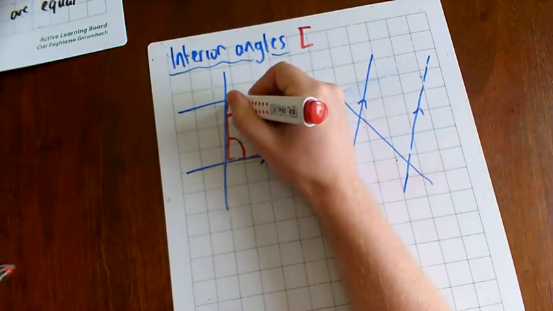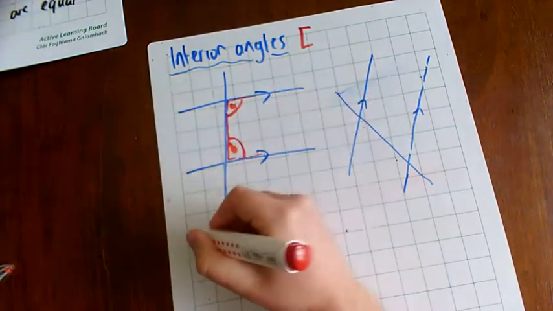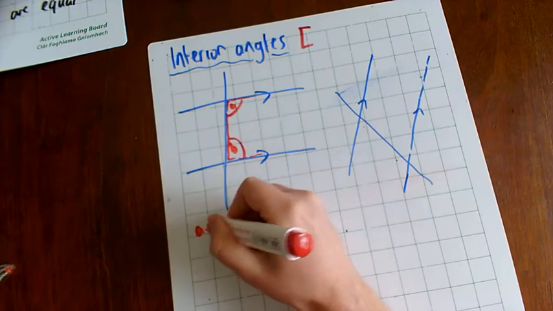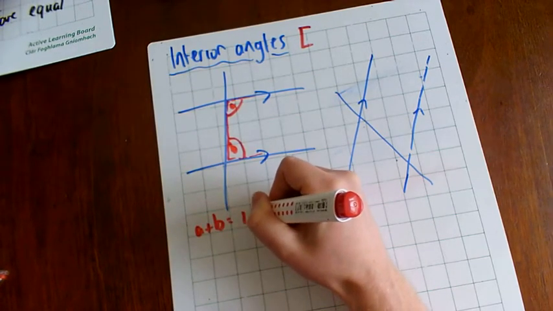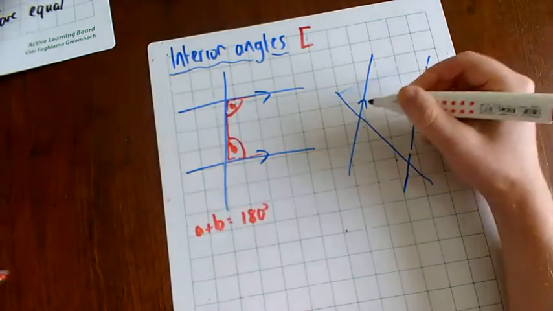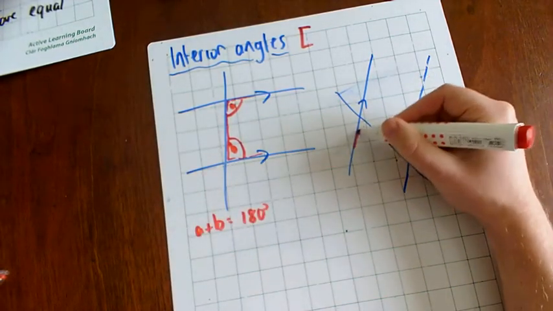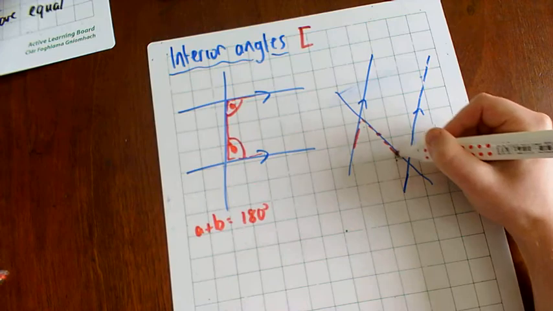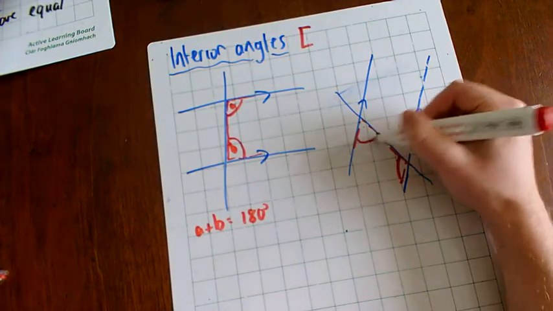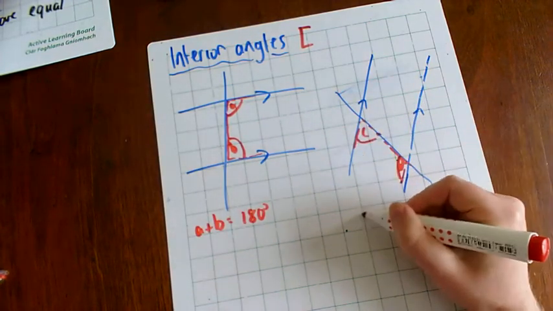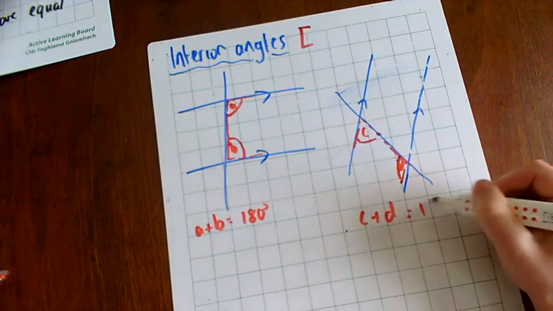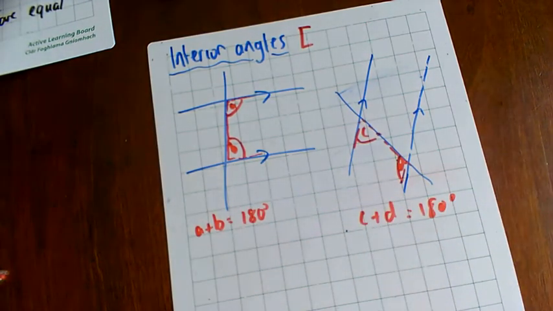We'll call this one A and this one B. A plus B equals 180 degrees. We'll do an upside down C, facing downwards. We'll call this C and this D. C plus D equals 180. So interior angles are not equal.